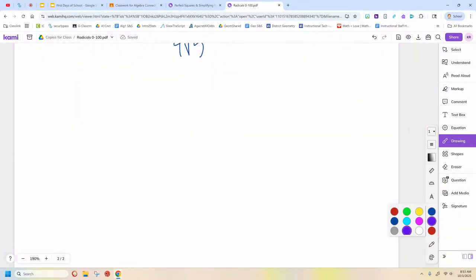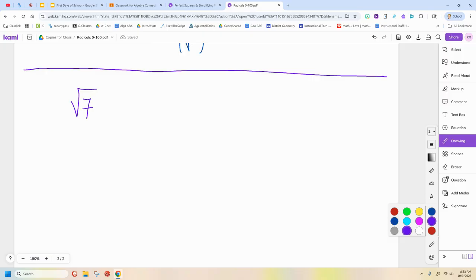Okay. So I'm coming to a clean area on my page because I want to pretend we haven't done this today. So I'm going to write down radical 72. And then I'm going to think about my perfect squares, the big ones.